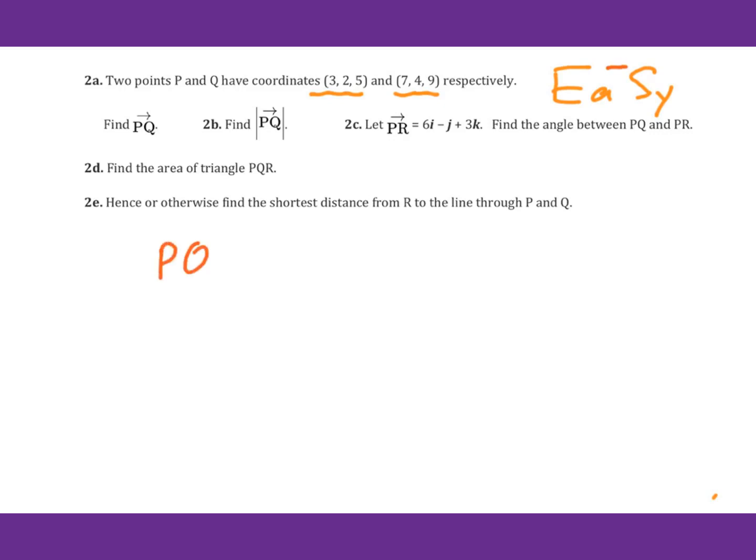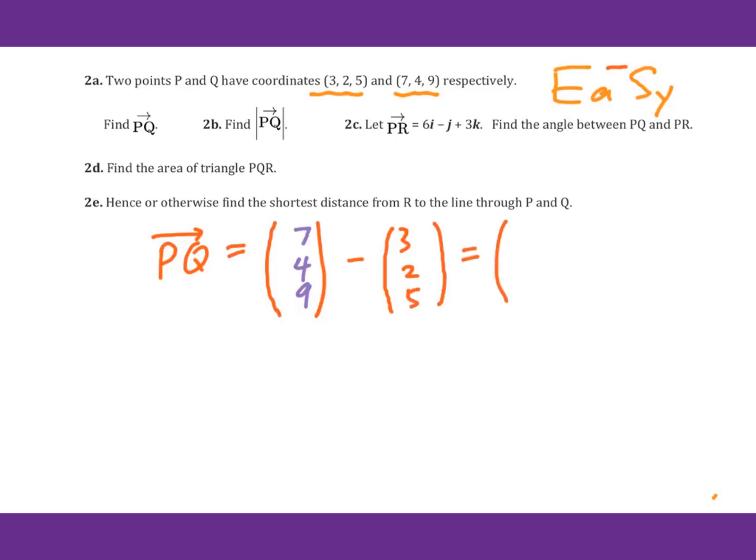Therefore, PQ equals the ending, which is 7, 4, 9, minus 3, 2, 5. You will get 4, 2, 4.